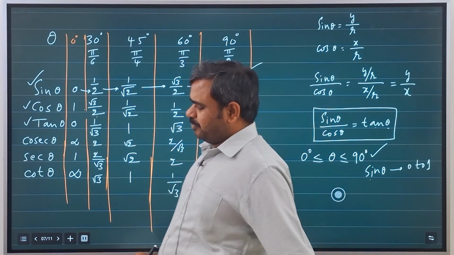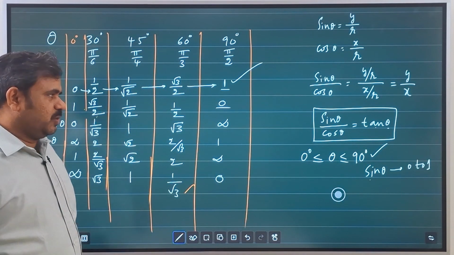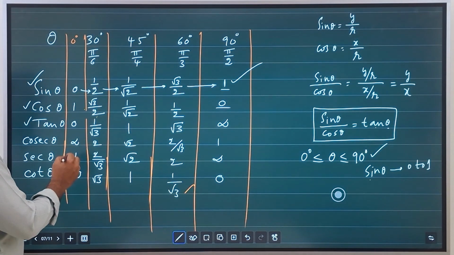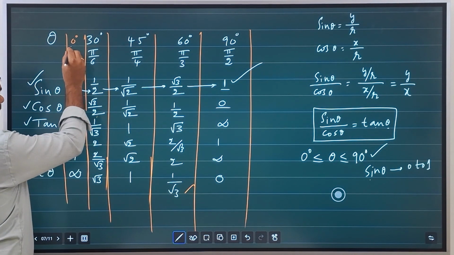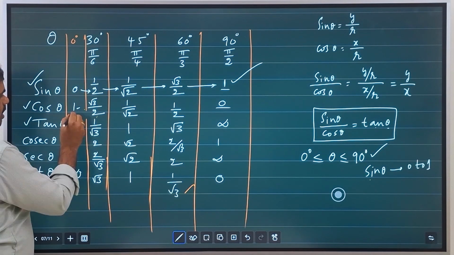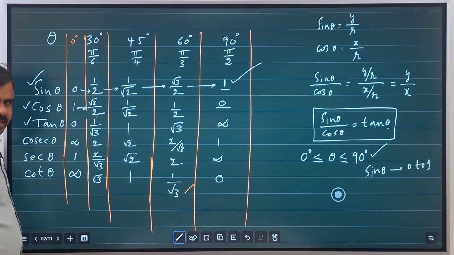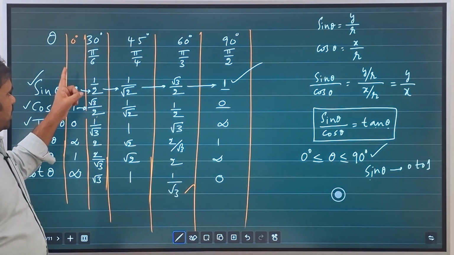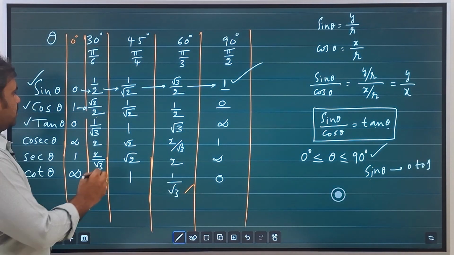Also from the table, look at the values of cos theta. Cos theta for angle 0 degrees, cos 0 is 1. And from 1, its value decreases to root 3 by 2 when the angle increases to 30 degrees.